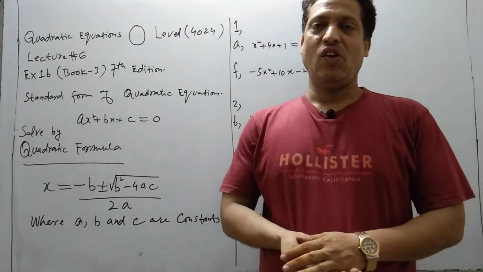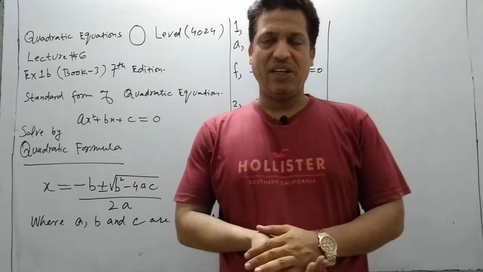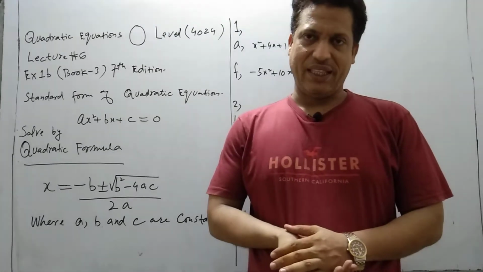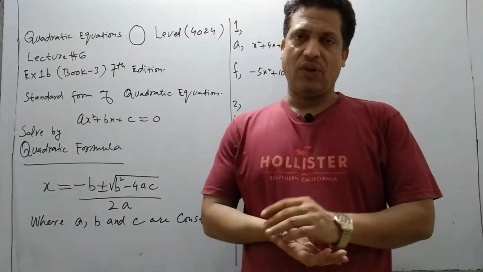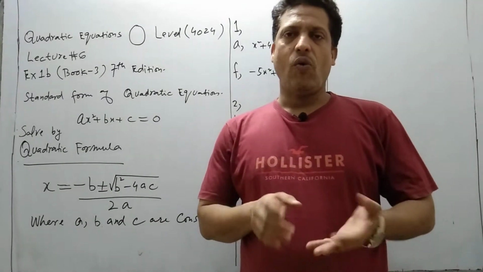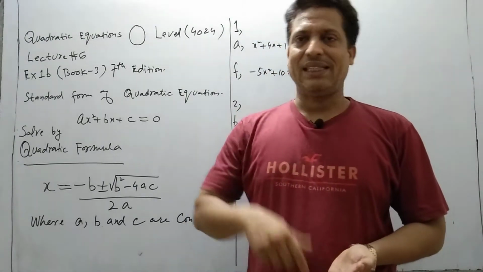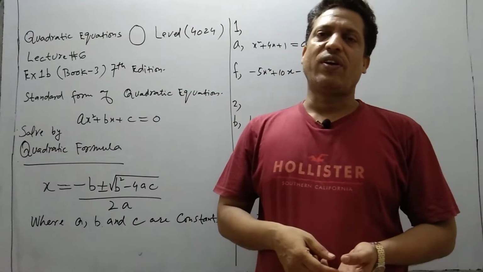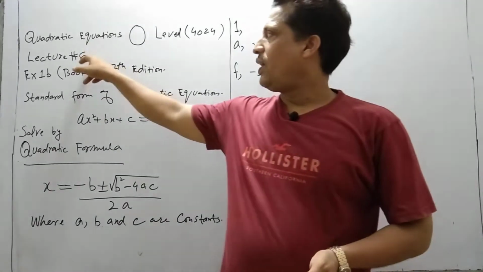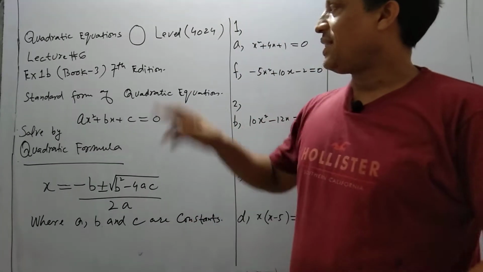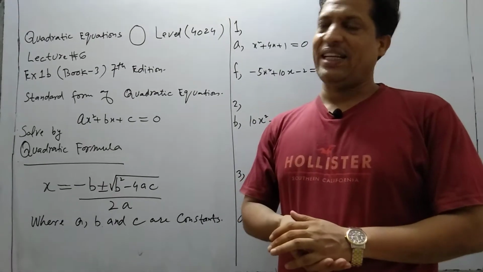In last lecture, we completed the method of solving quadratic equation called completing square method. So, after finishing two methods of solving quadratic equations, one is factorization called middle term break method, the second one is the method of completing square, and today our lecture 6, exercise 1b, book 3, 7th edition.